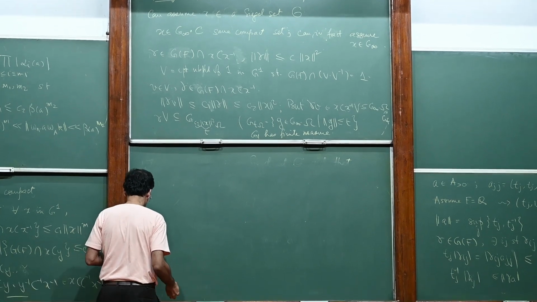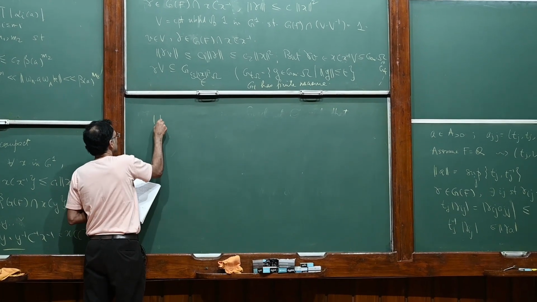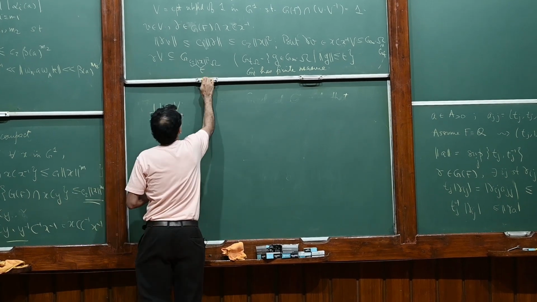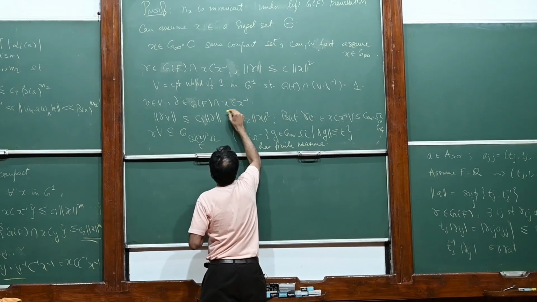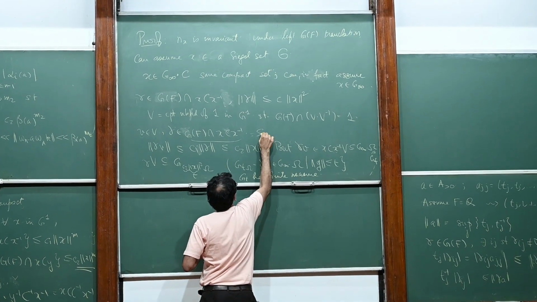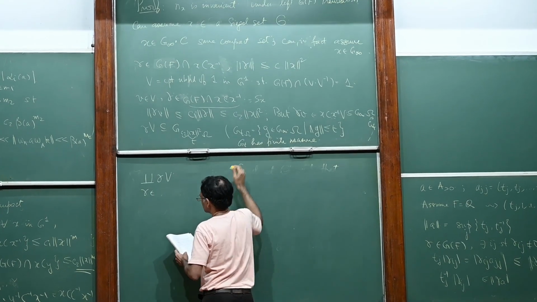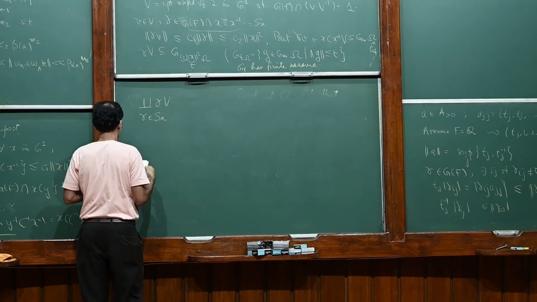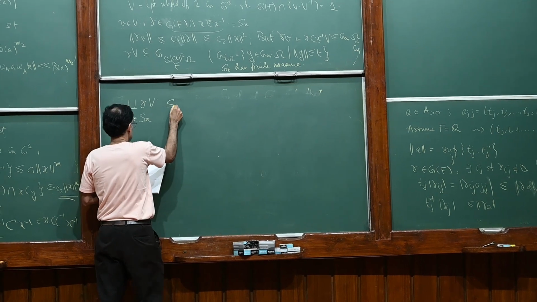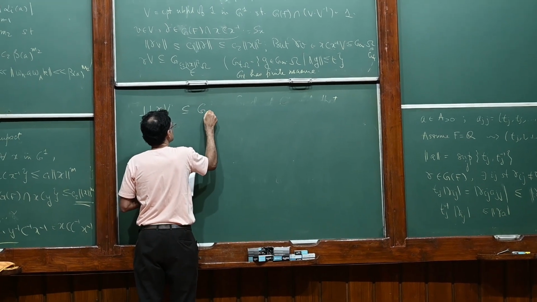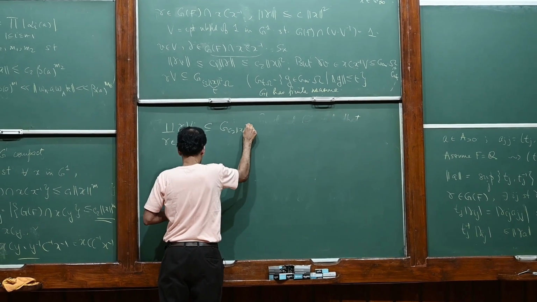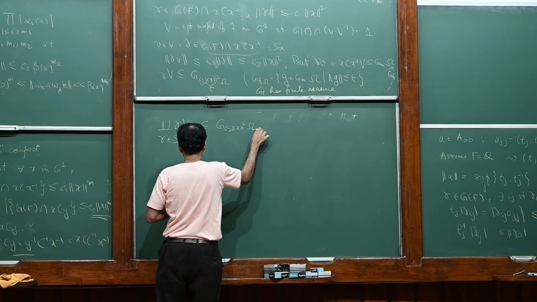See, if you know that, you have the disjoint union of gamma v, gamma in this set, this was the set Sx each time. So gamma in Sx, gamma v is contained in G C2 norm x squared omega, right?